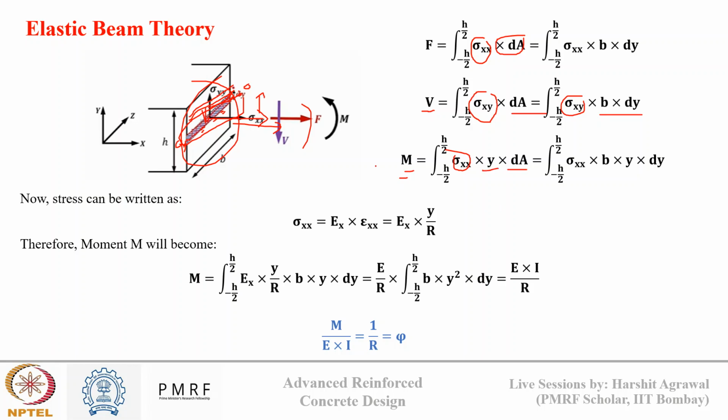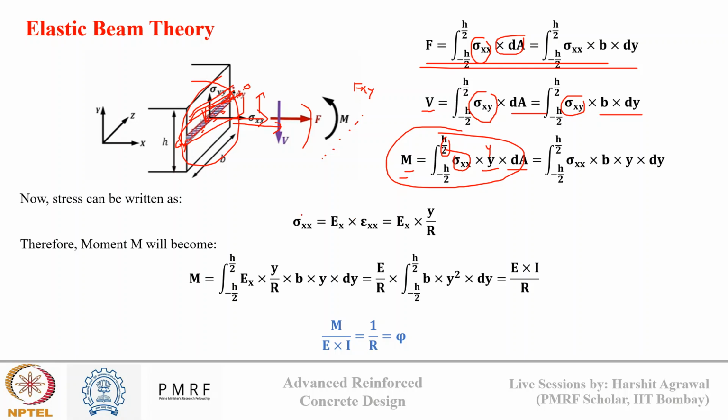This is how we write the moment about a particular axis: moment is force times distance. This is the same thing we have written here; this was the force, and in this force we have multiplied the distance of that element. At the midpoint the moment is 0. As we go further away from the midpoint, the y value will reach h by 2 and the moment will also increase. So this is how we write the moment.